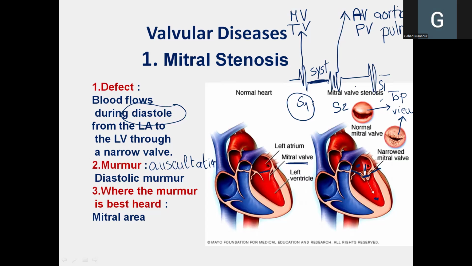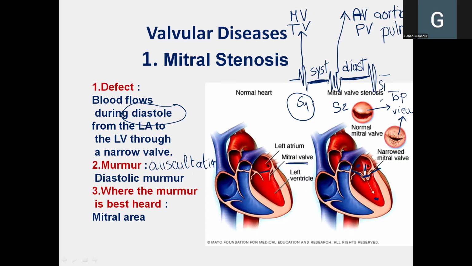And as you know, these two valves close at the beginning of diastole. So this period of time after the second heart sound is diastole. And as we said before, diastole should be longer than systole because it is the time allowed for the ventricles to relax and to fill with blood.